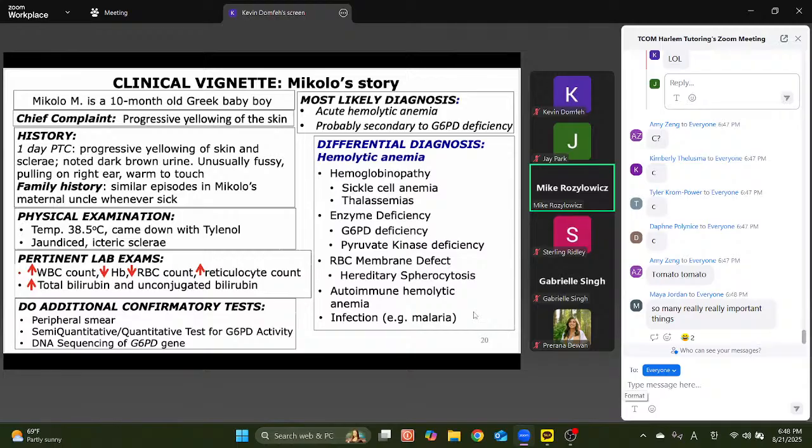They're not going to ask you about Michelo's name, but what they will ask is, given this presentation, what is the most likely enzyme deficiency? In this case, you need to know G6PD, pyruvate kinase, and that it will lead to hemolytic anemia.